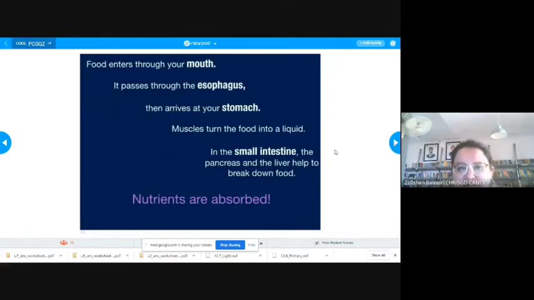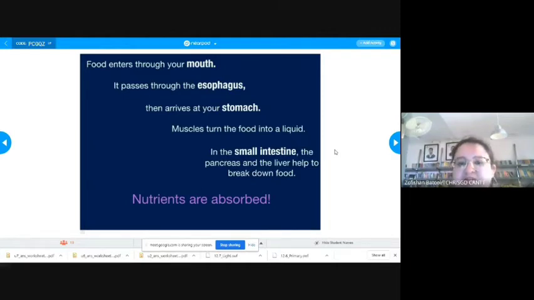Okay, so this is the summary of the entire lesson which we have studied previously. Food enters our digestive system from the mouth, then it passes through the esophagus by peristalsis, then it arrives at your stomach, and both physical and chemical digestion take place at the stomach, and specifically proteins are digested in the stomach, not any other nutrient.